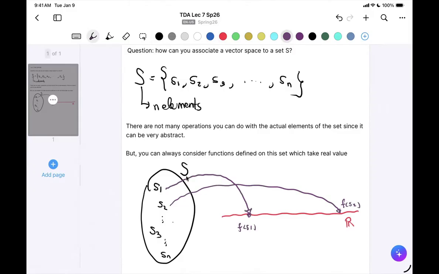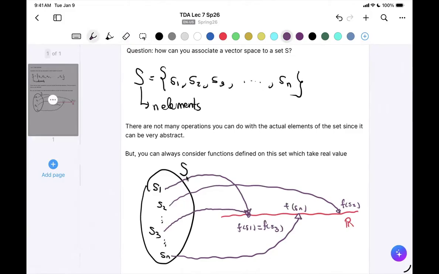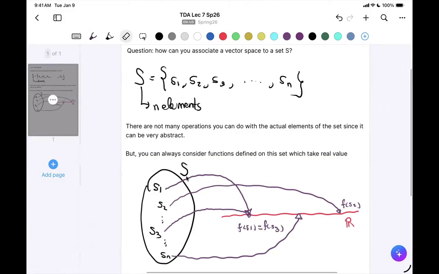You are allowed to send it to the same number, so you could take this element as 3 and send it to the same one. In general, the function will send any member of the set to some number on the number line without any specific rules.